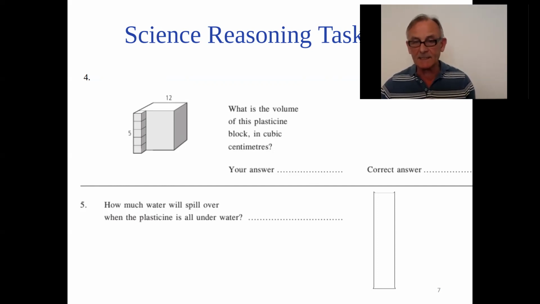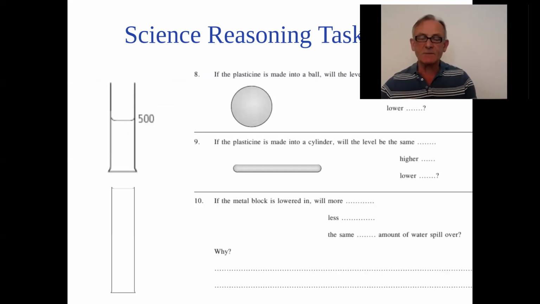Some answer 60, some make up an answer. But this is when it gets very interesting. With exactly the same 60 cubic centimeters of plasticine, you physically show them it going in. You've shown the water spilling over. We've done some other measurements to see how much the water rises.